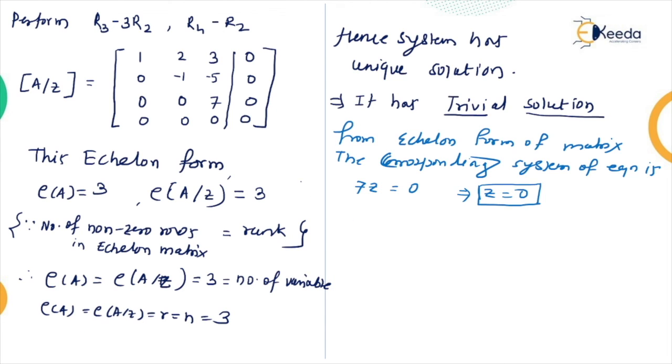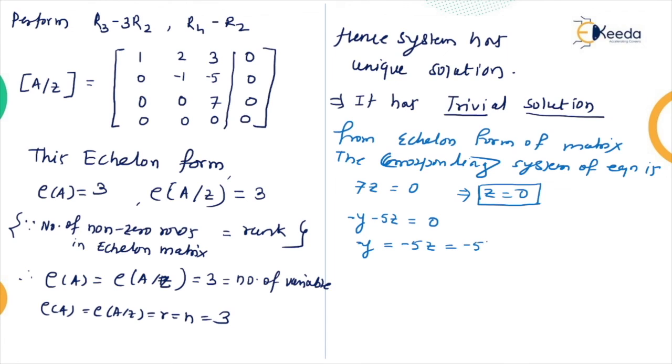Next, from the second equation we get minus y minus 5z is equal to 0. If you substitute, y is equal to minus 5z, and you know the z value is 0.